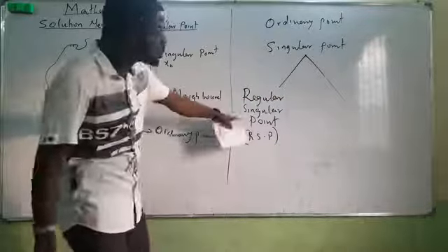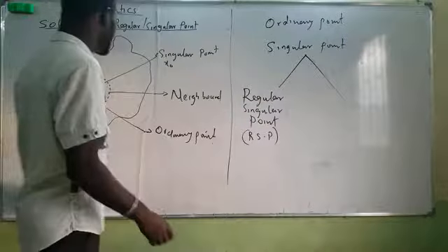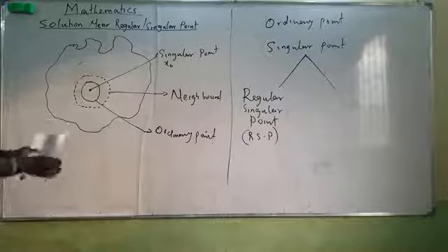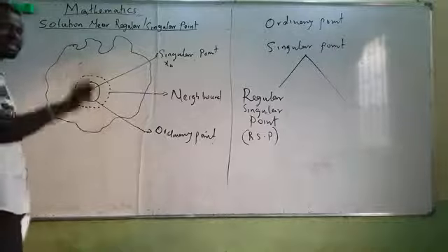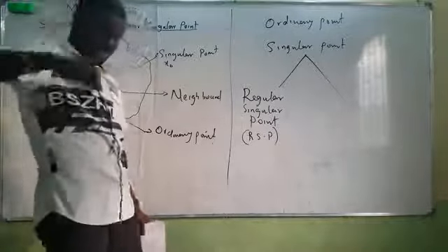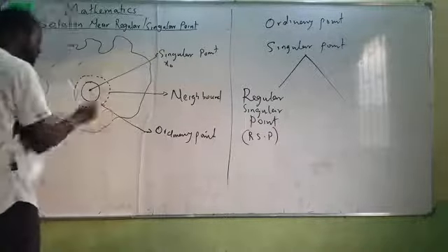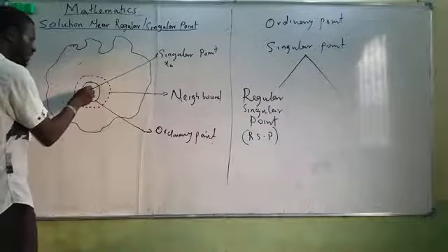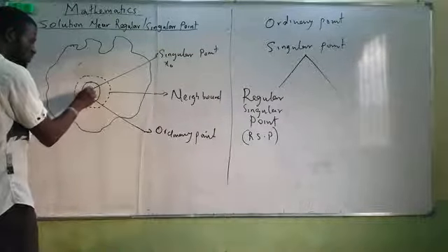That is regular singular point. It means a regular singular point can occur here. It means that point is always there, always on the center. I can generate a lot of things there.